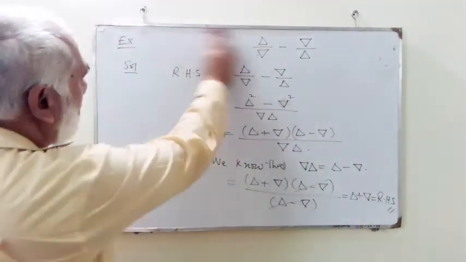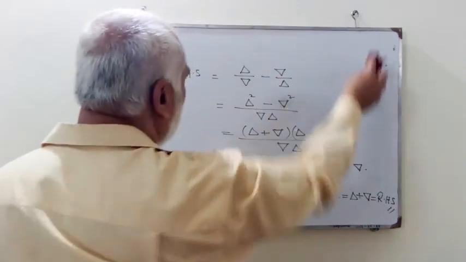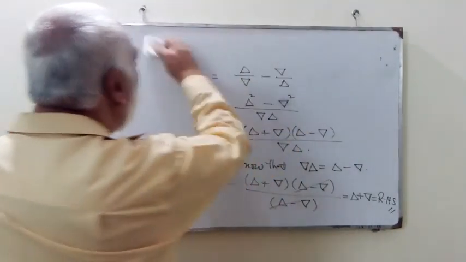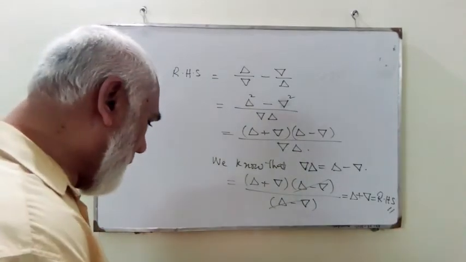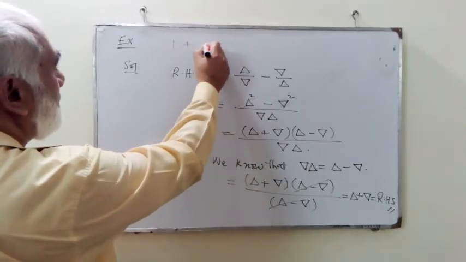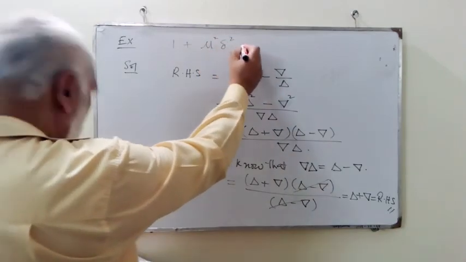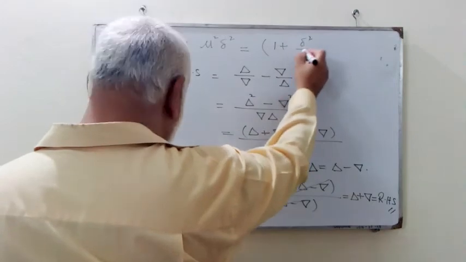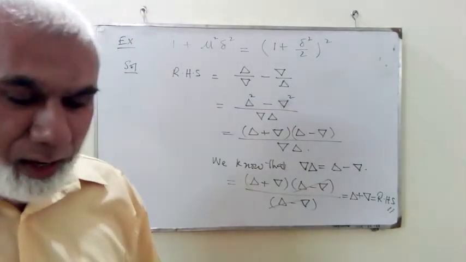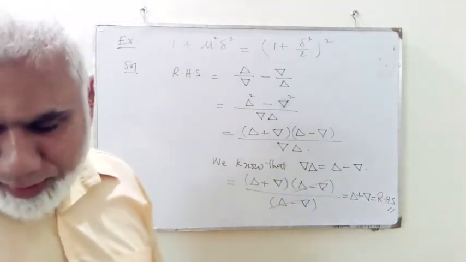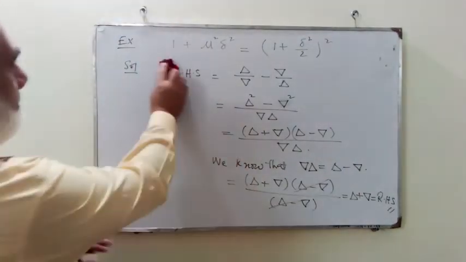So here we write down one more identity, and this is another beautiful identity. It says you have to verify the result 1 plus mu square delta square is equal to 1 plus delta square by 2 whole square. So this is the identity we are going to verify.